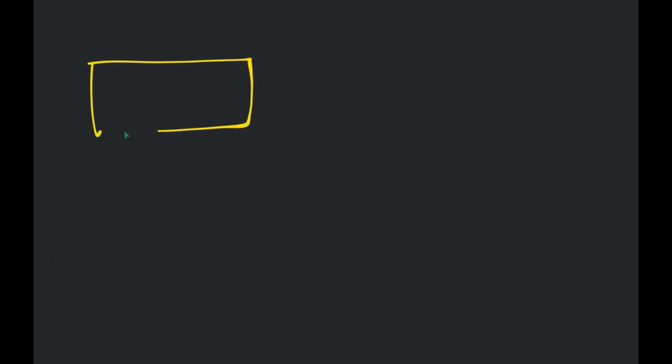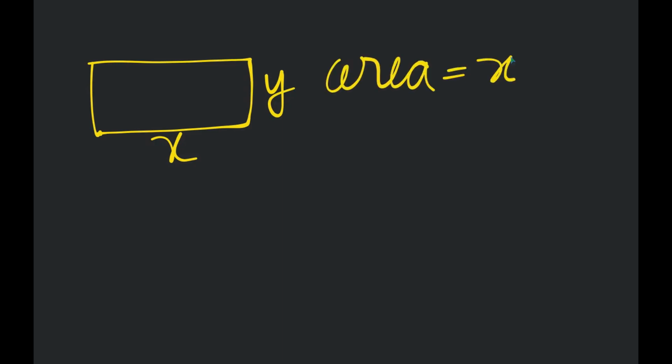Yes, it is. Okay, so let's suppose the length is x and the breadth is y of a rectangle. What will be the normal area of this rectangle? The normal area of the rectangle will be L into B, which is x into y.